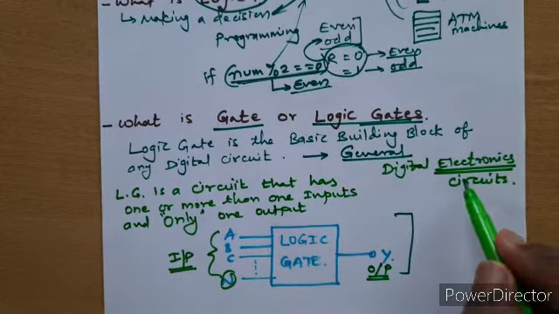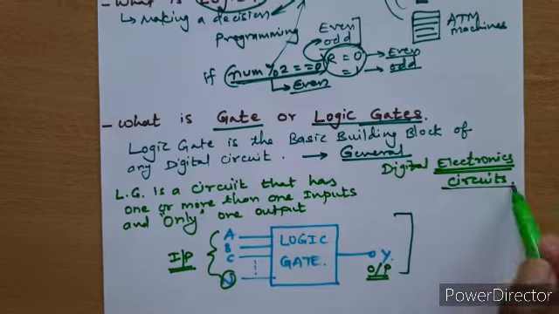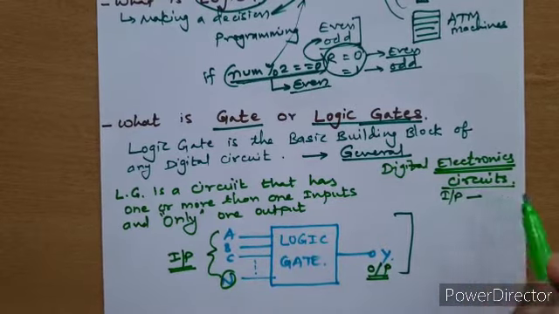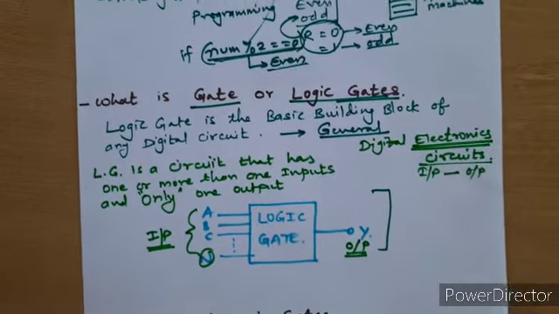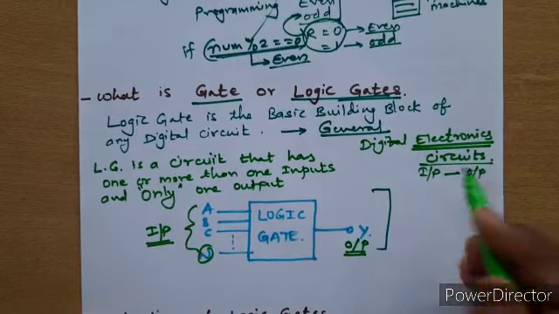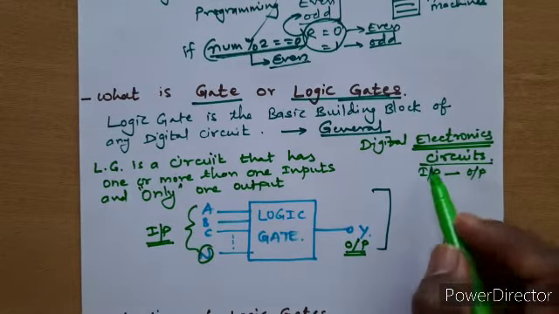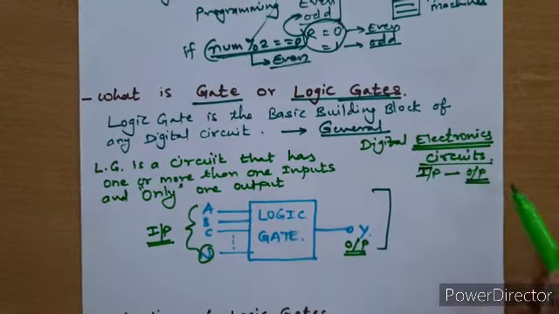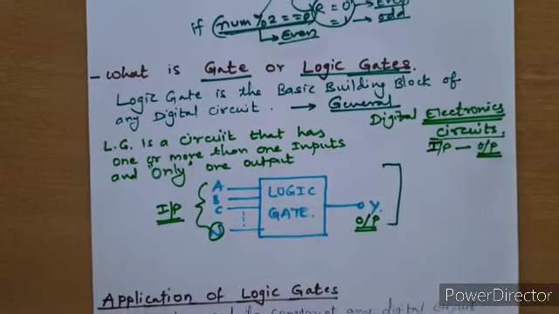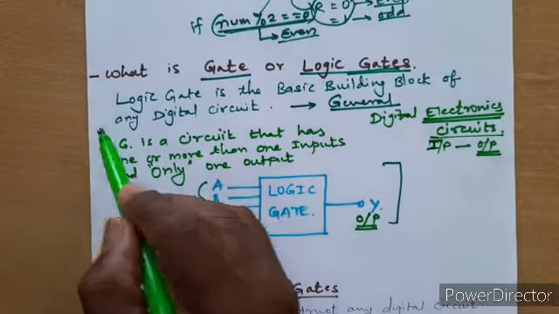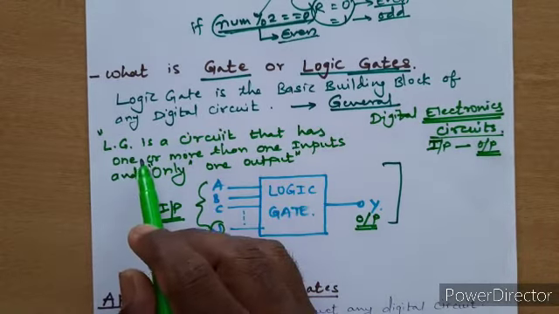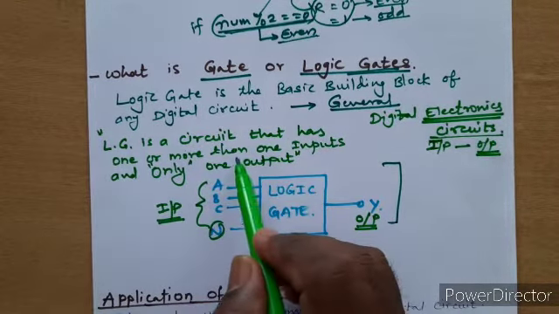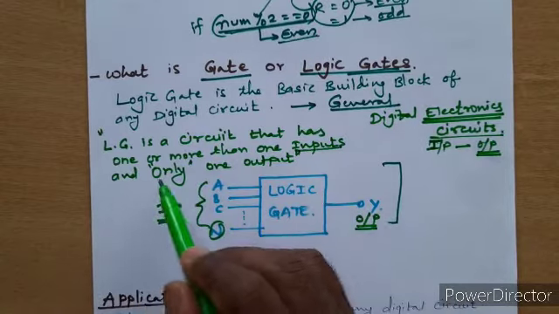Now in basic electronics you have seen that if it is a circuit, then you need to give input and you will get some output. The same is the case for programming also. If you write a program, just writing a program is not sufficient. You need to give some input and check the output. So that is what this circuit is. Now technically we can put this definition: a logic circuit is a circuit that has one or more than one inputs and only one output.